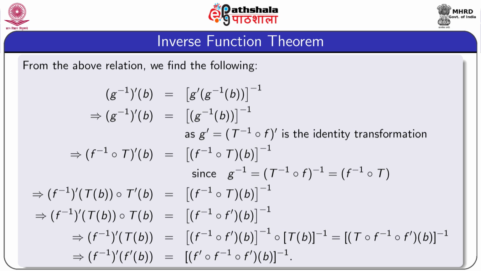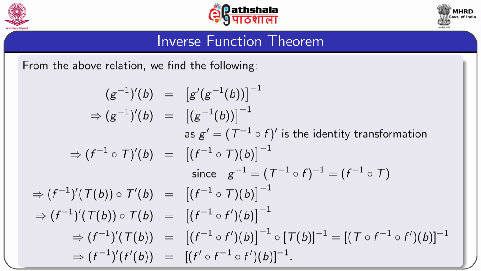So, the left hand side equals the inverse of G inverse compose B. Now, G is T inverse compose F. So, G inverse is nothing but F inverse compose T. We apply this. So, the left hand side turns into derivative of F inverse compose T at B and this equals inverse of F inverse compose T at B.